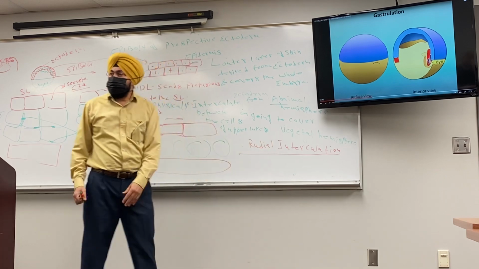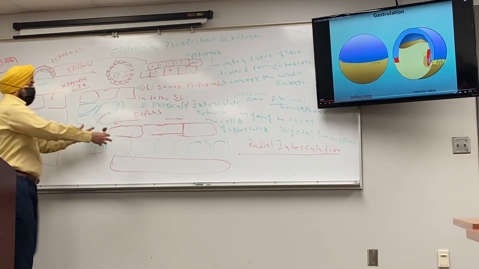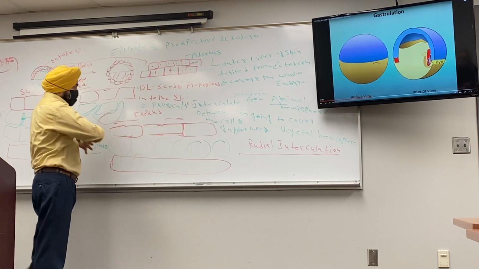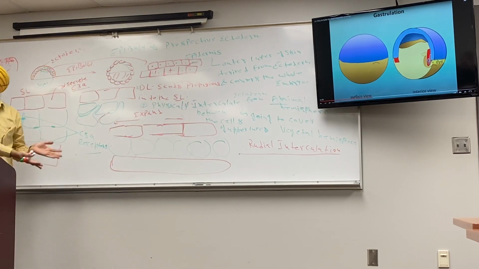Radial intercalation is the process where these deep layer cells send projections into the cells above them and then physically move between the spaces of those two cells, called physical intercalation. Then the surface layer cells expand, and in this way the ectoderm layer starts expanding.